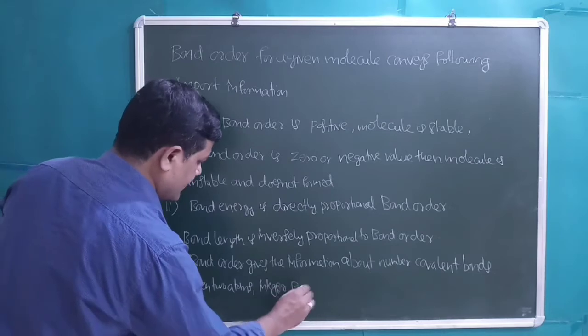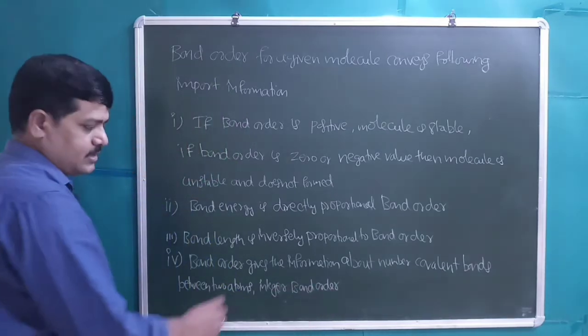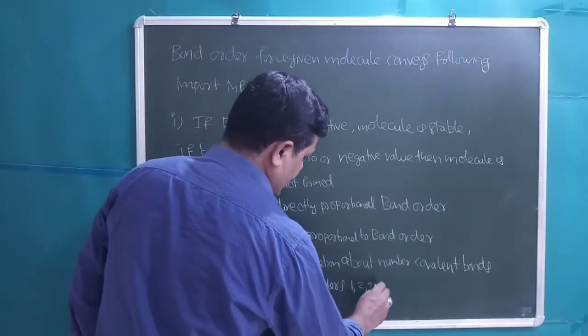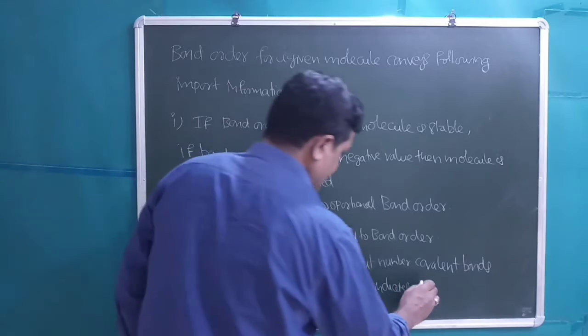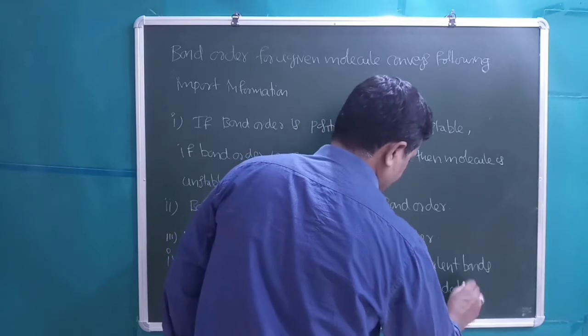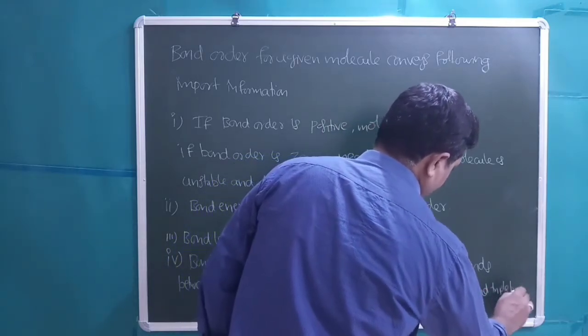Integer bond orders, that is positive integer bond orders 1, 2, 3, indicate single, double and triple bonds.